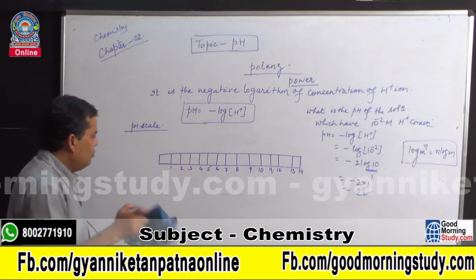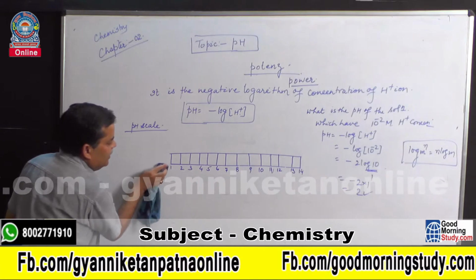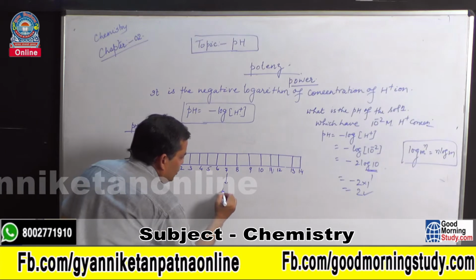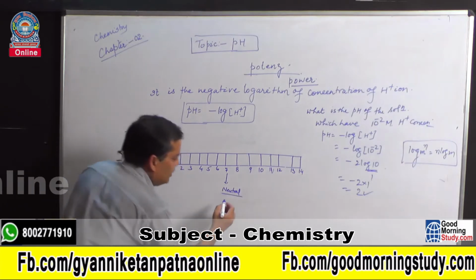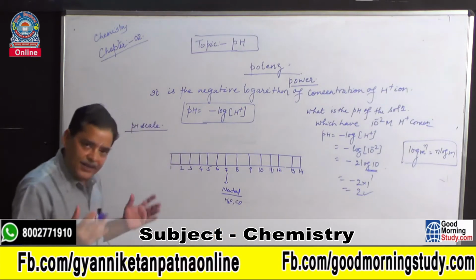Now if the pH of the solution is 7, then it is called a neutral solution. Examples of neutral solutions are H2O, carbon monoxide and nitric oxide.